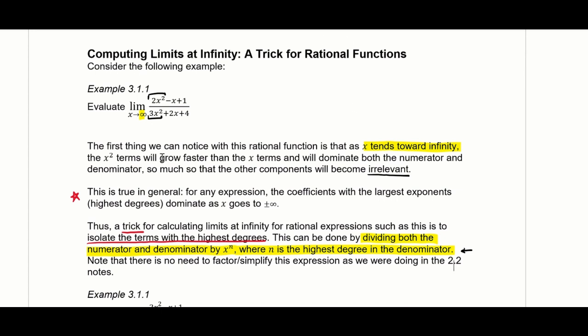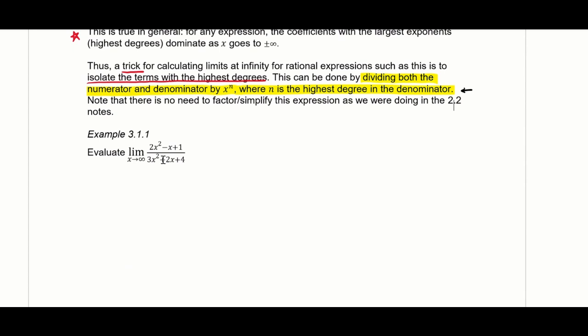Now let's use this to do our first actual limit calculation, where we're taking x to positive infinity. So let's calculate this limit: the limit as x goes to positive infinity of 2x squared minus x plus 1 over 3x squared plus 2x minus 4. So let's use our trick. What I'm going to do is look at my highest degree term in the denominator.